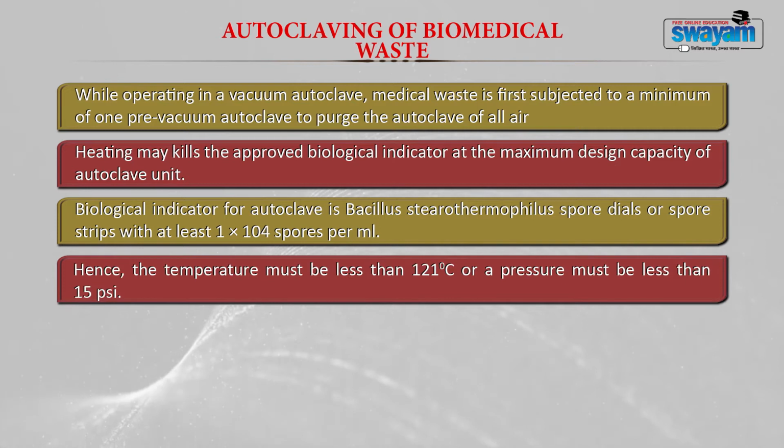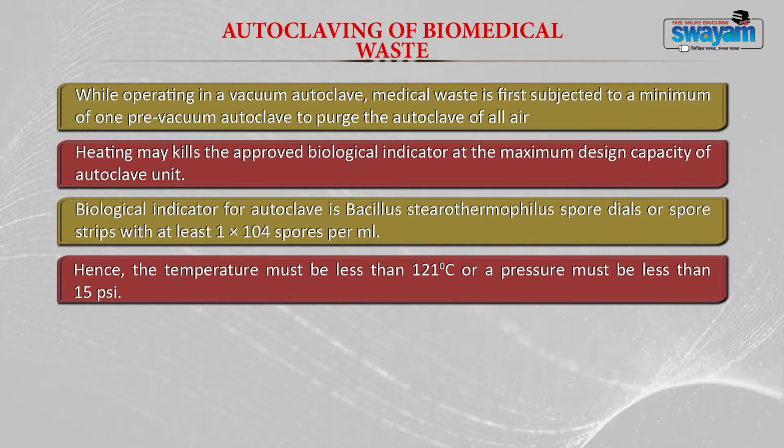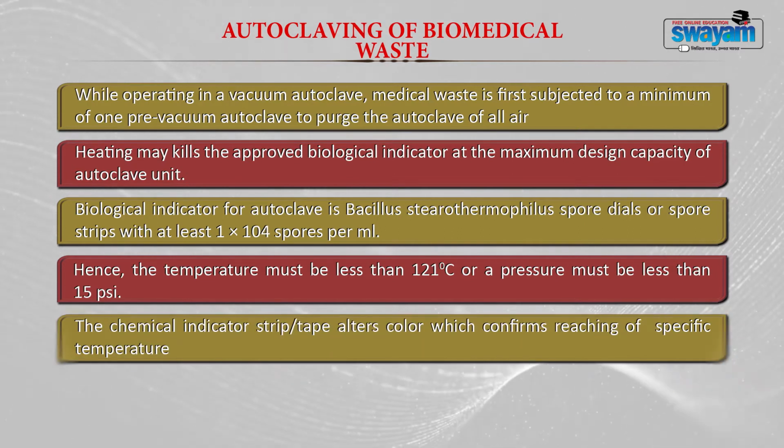Now, the temperature should not be less than 121 degrees Celsius or the pressure less than 15 psi. There are also certain chemical indicator strips which are used for confirming whether the temperature has reached 120 degrees Celsius or not, which will be indicated by the chemical indicator strips changing color when the temperature is attained.